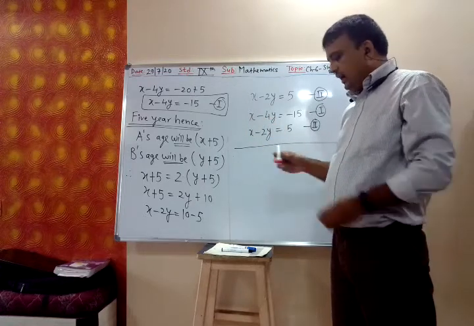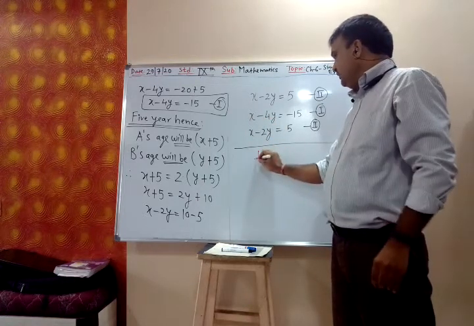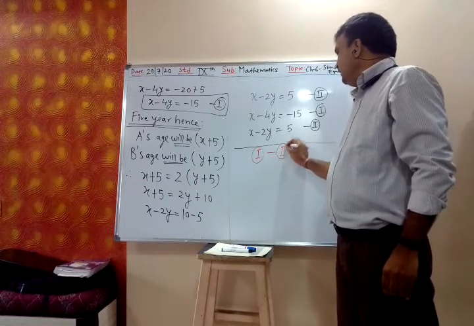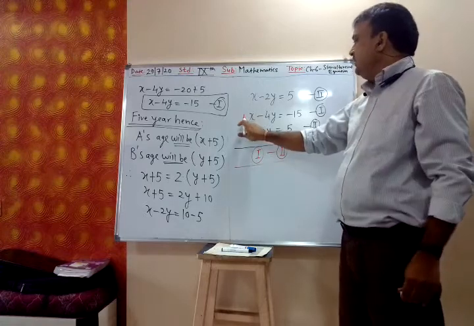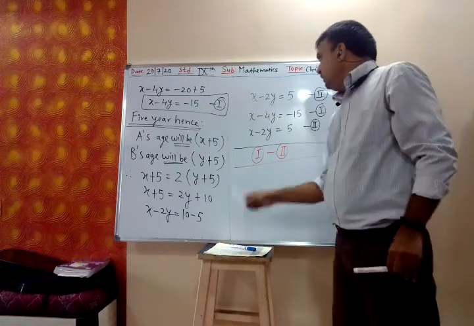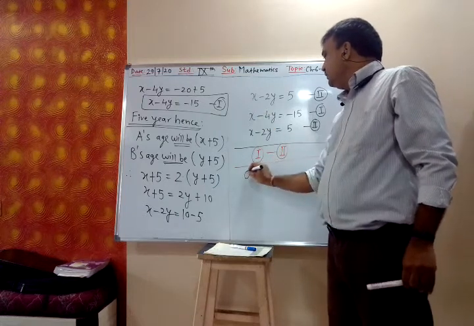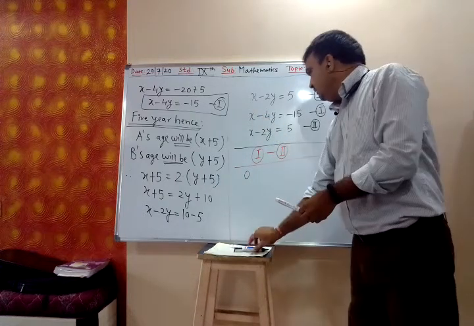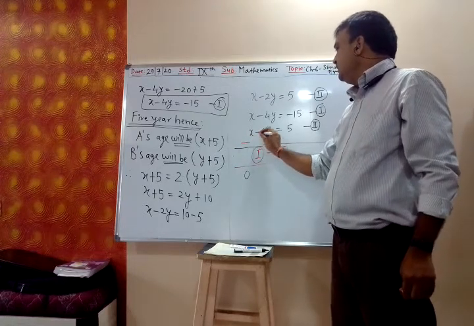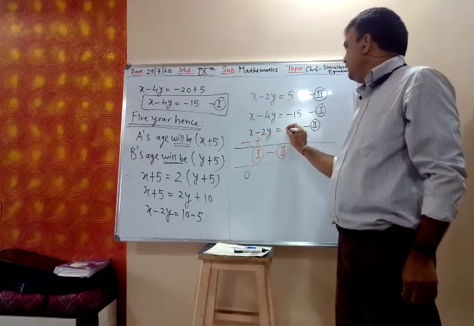The coefficients are the same sign, plus plus, so we have to subtract 1 minus 2. So x minus x is 0, minus 4y. Whenever there is subtraction, you have to change the sign: plus becomes minus, minus becomes plus, plus becomes minus.